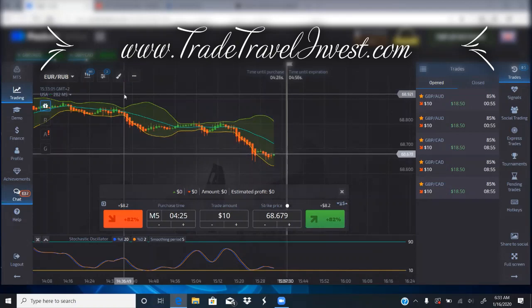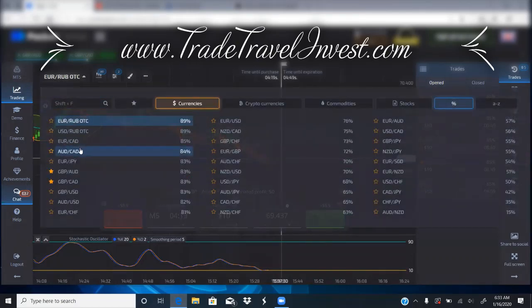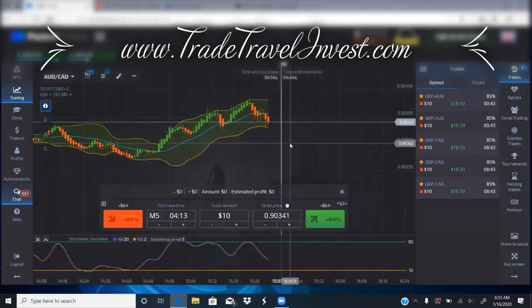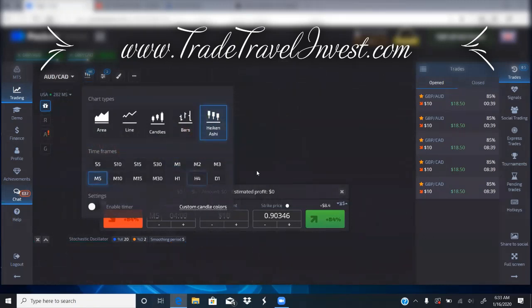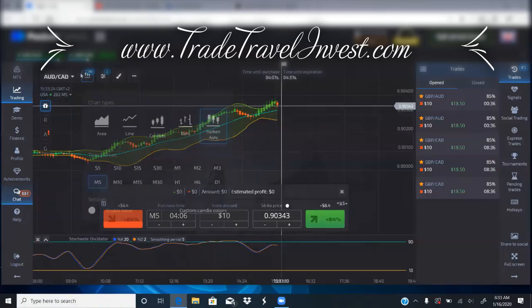Yeah, once these trades close out, I'll be up to $100. Sweet. So we got CAD dropping to the bottom Bollinger Band now. 5 minute looks like we're going to see a drop here on CAD.